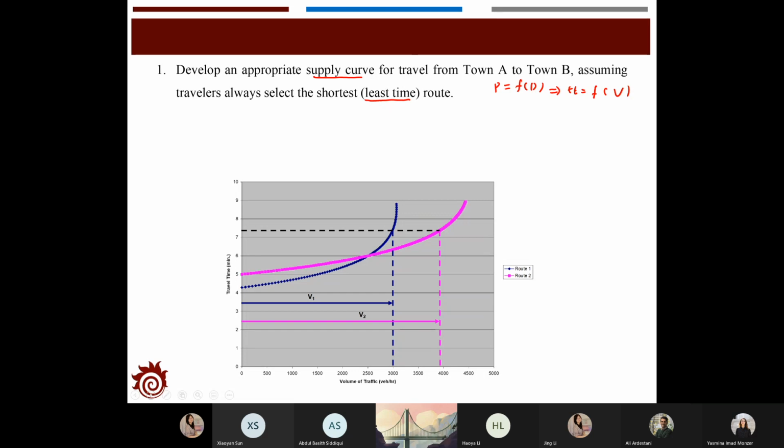This relationship can be derived directly from the fundamental diagram. So let's first look at route 1, which would be this pink line.